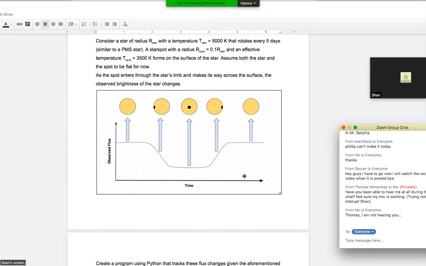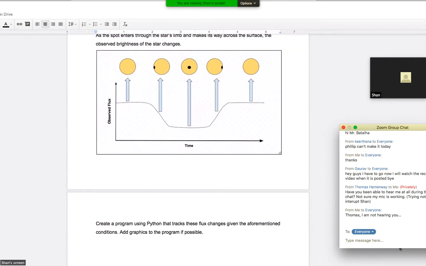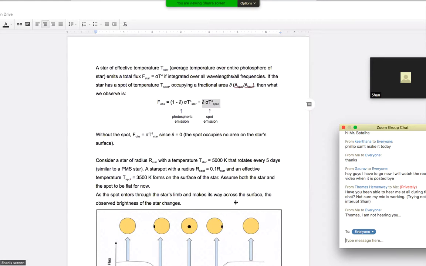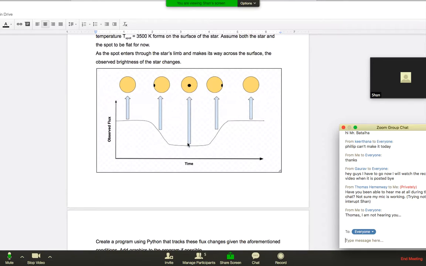The goal of this project is to create a program using Python or some other language, if you're interested in others, that tracks these flux changes given the conditions I just talked about. We can try to have graphics if possible. I think you can do well setting up a limit for the continuum flux.